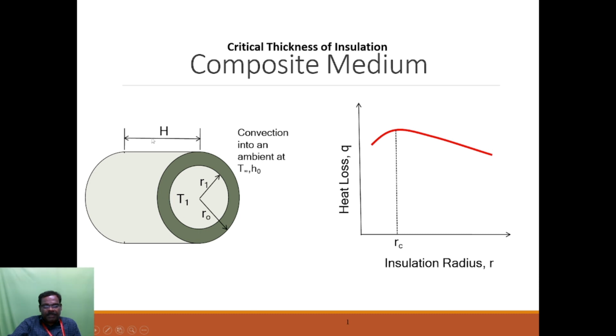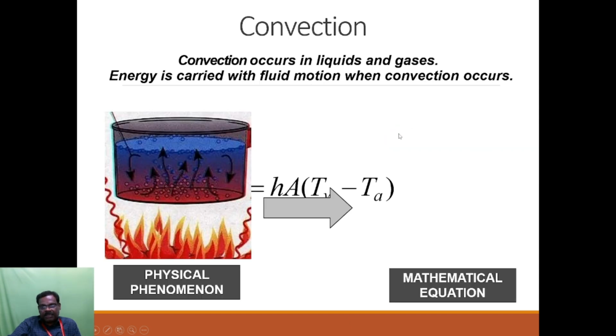Here is the critical radius of insulation. You have a graph between heat loss and insulation radius. This is the maximum: the heat loss increases up to a particular critical thickness of insulation, then it decreases. So this is the critical thickness of insulation.